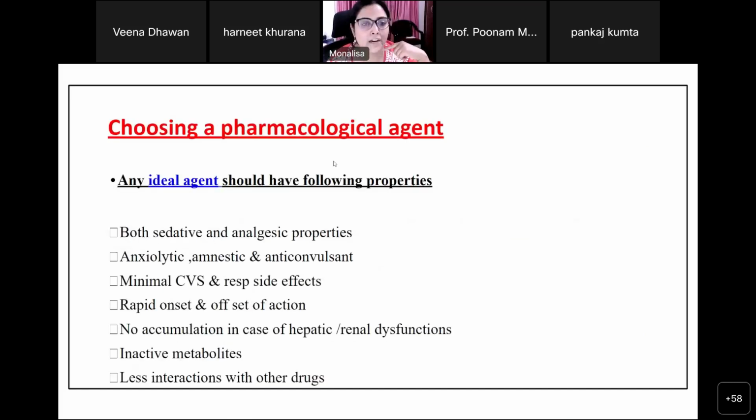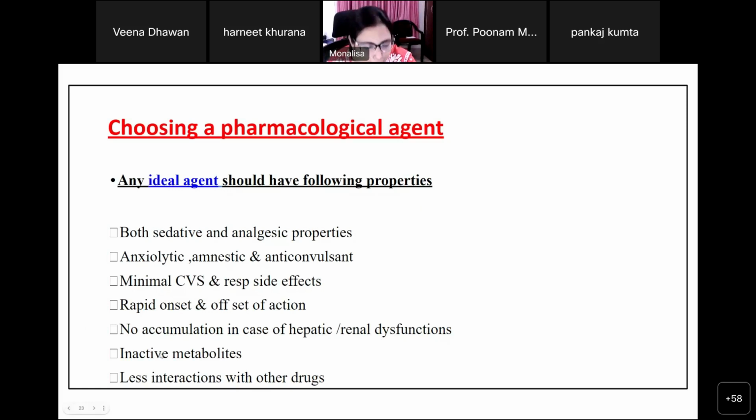What we need to keep in mind while choosing a pharmacological agent: an ideal agent should have the following properties. It should be a sedative and analgesic. It should be anxiolytic. It should be an anticonvulsant. It should have minimum cardiovascular and respiratory side effects. It should have a rapid onset and offset of action. No accumulation in case of hepatic and renal dysfunction.